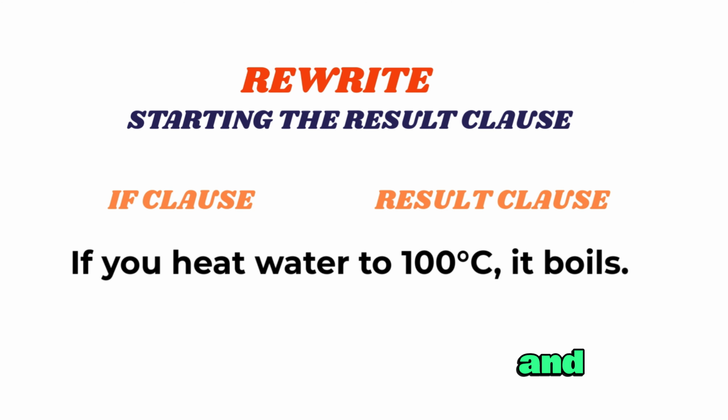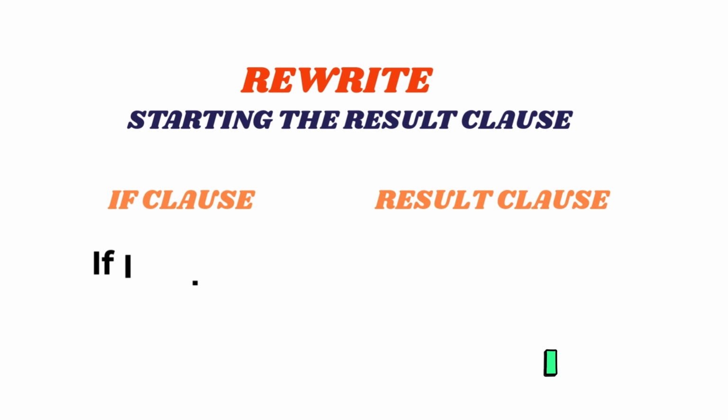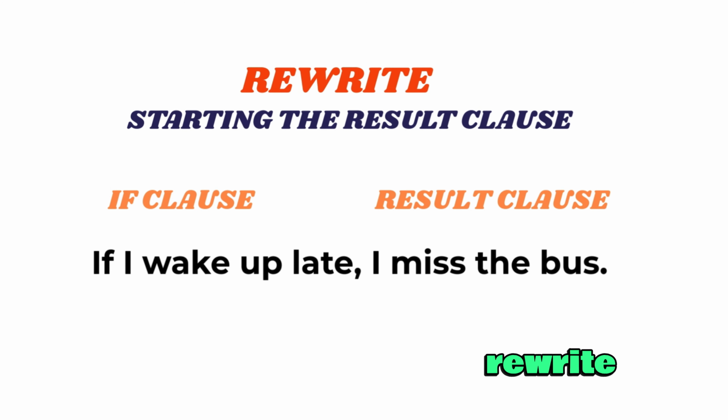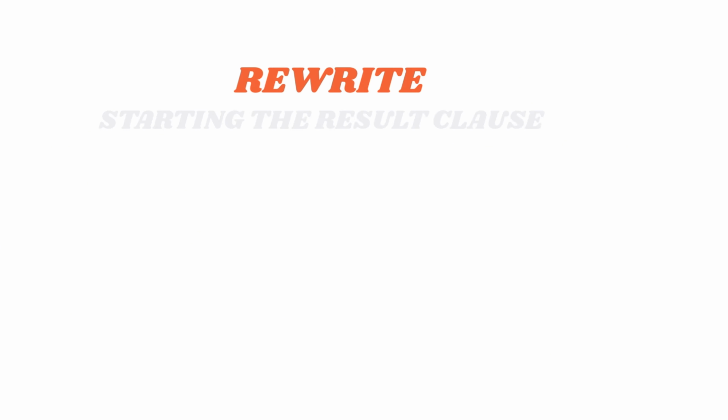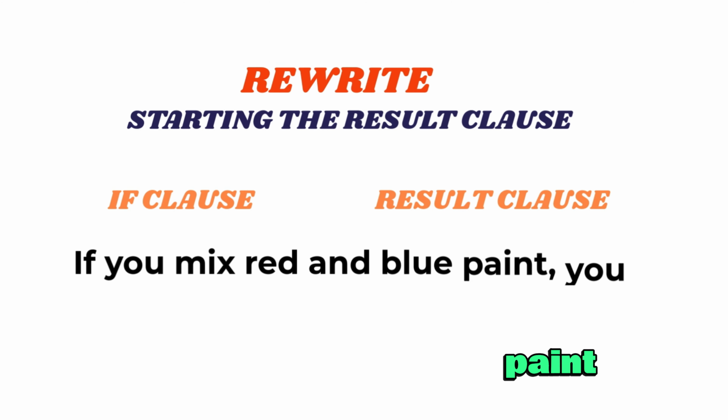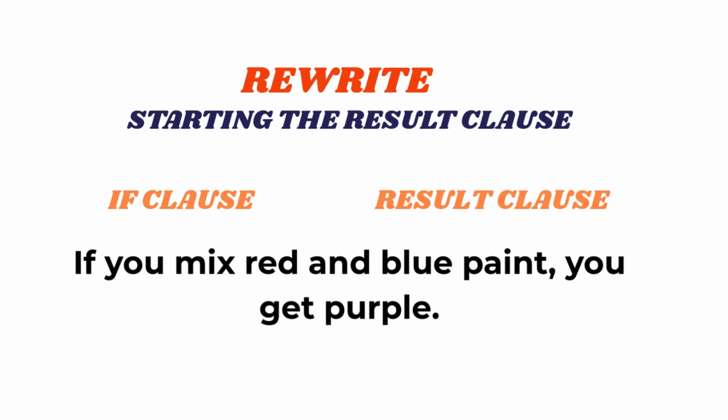Switch up the clauses and come up with another sentence without the comma. If I wake up late, I miss the bus. Same here, rewrite this sentence with the result first. If you mix red and blue paint, you get purple. Rewrite the sentence.